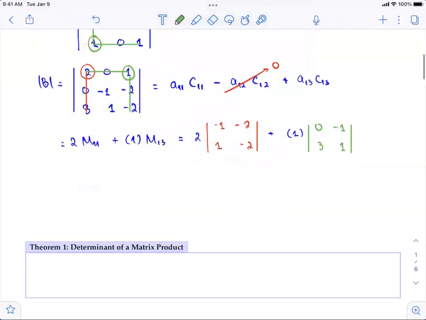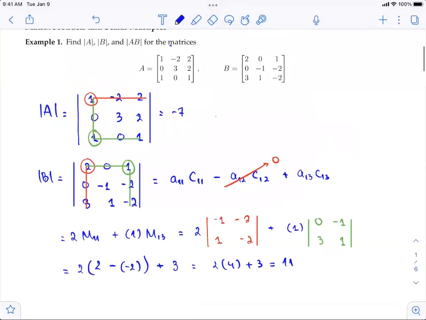All right. So you have 2 times -1 times -2 is +2 minus -2, plus 1 times 0 is 0 minus -3, which is +3. So you got 2 times 4 plus 3, equal to 11.